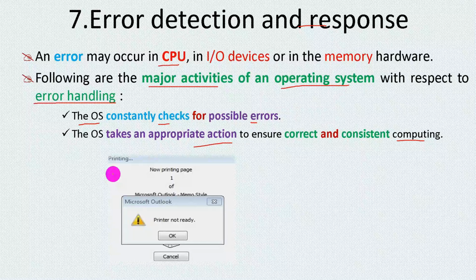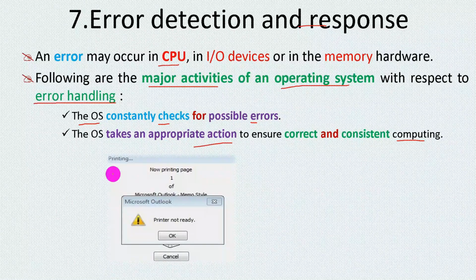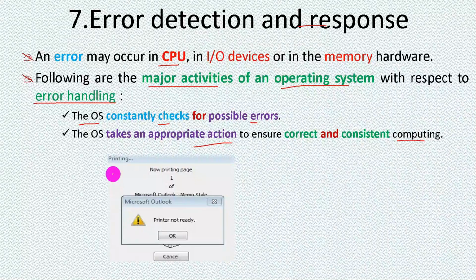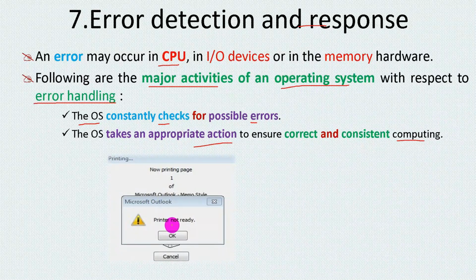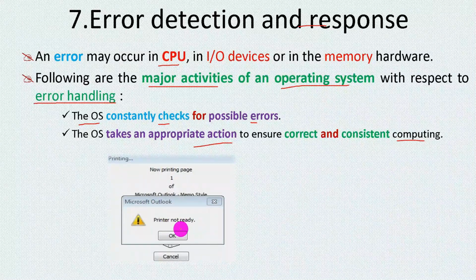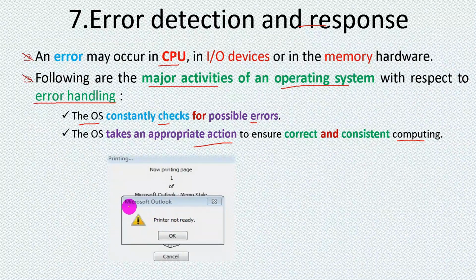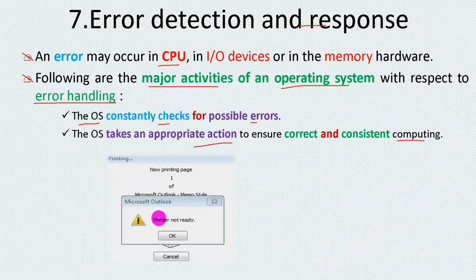For instance, there is a printer on our computer, and if we give a command to print, to convert soft copy to hard copy, the printer says not ready. Or if you have seen such a message in the command prompt on our computer, there is an error, right?